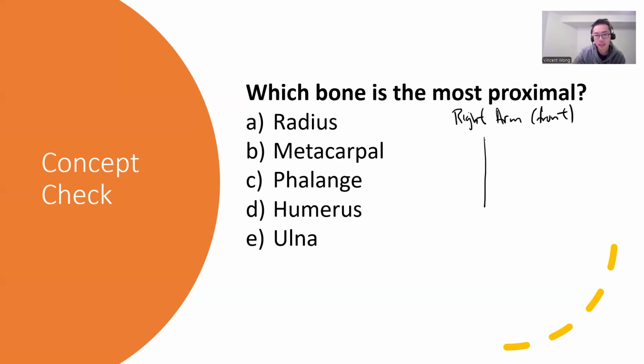It doesn't have to be fancy. Humerus, two bones over here. The ones on the side, remember looking at it from the front. The one on the side, radius, ulna. How many here at the wrist?